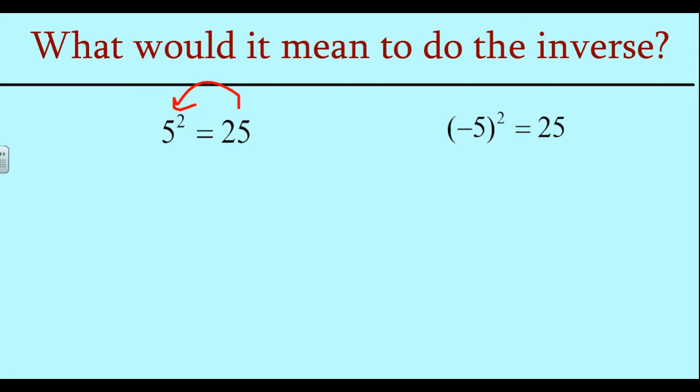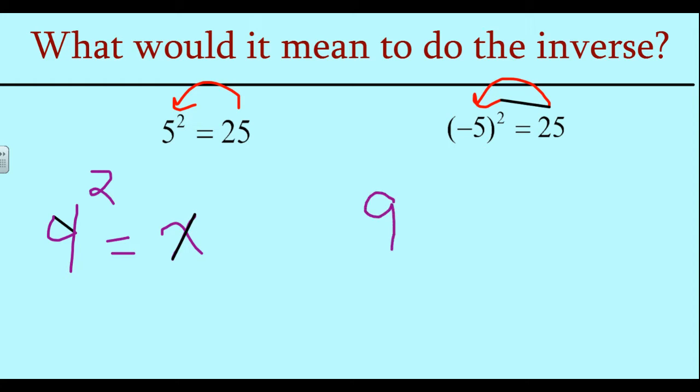And we could say 5. We could also give the answer as negative 5, because negative 5 multiplied by itself is 25. So instead of formatting it like 4 squared is equal to some unknown number x, we would start with a number, say 9, and want to know what can we multiply by itself to give us 9? And that's really the thought behind what's going on when we have inverse exponents.